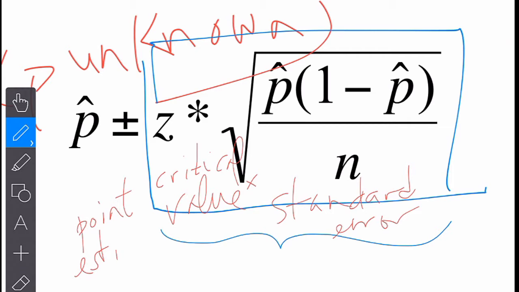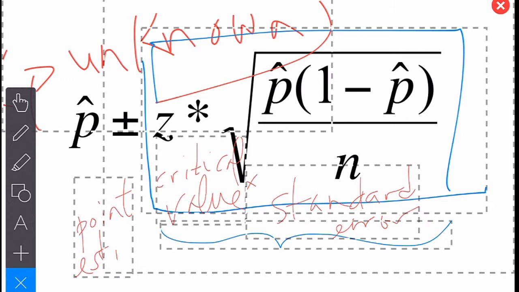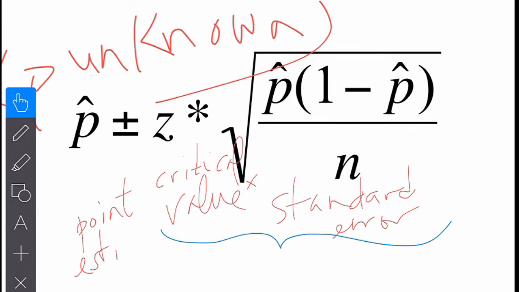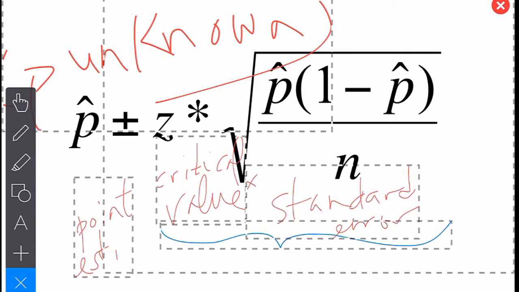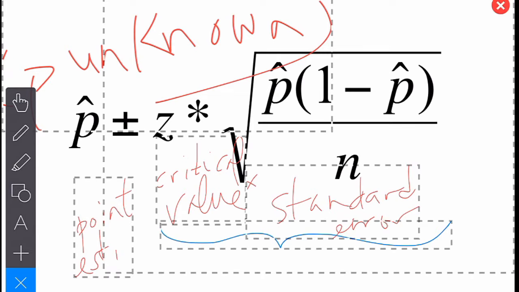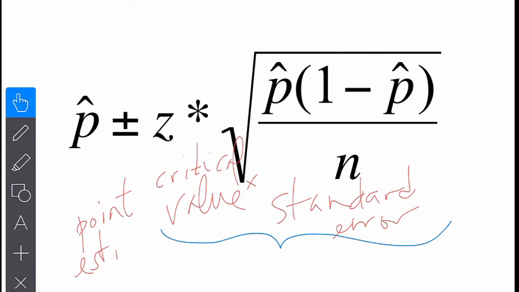So this piece is called the margin of error.